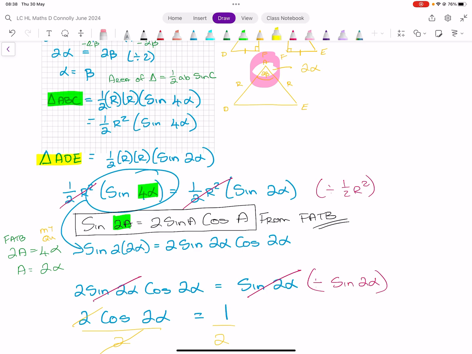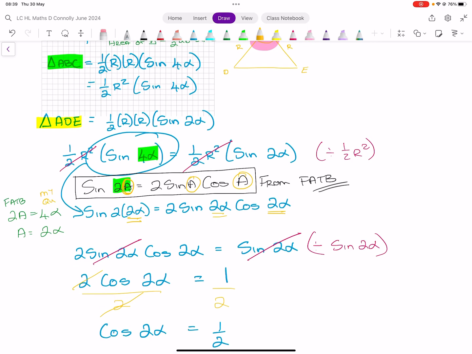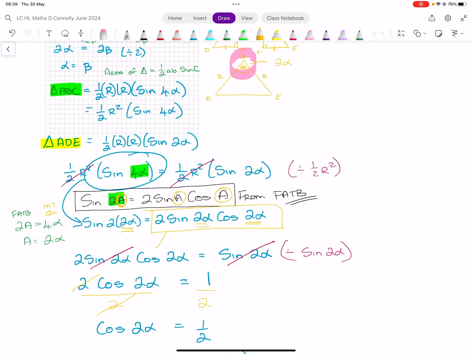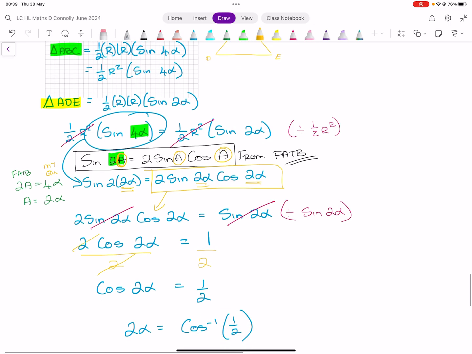So basically I replaced the A here with 2 alpha, I replaced the A here with 2 alpha, and I replaced the A here with 2 alpha. So now the left-hand side, sine 4 alpha equals this, which I just put down here, and I equated it to the old right-hand side, which is sine 2 alpha.